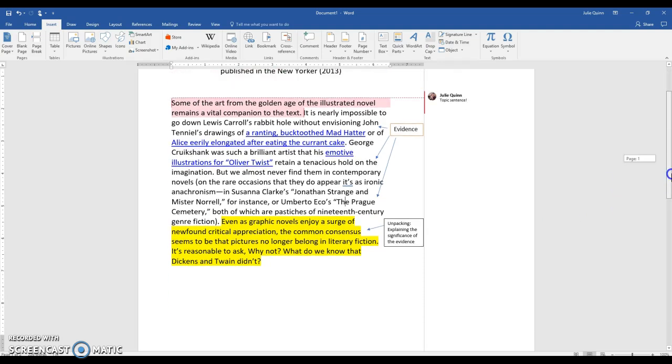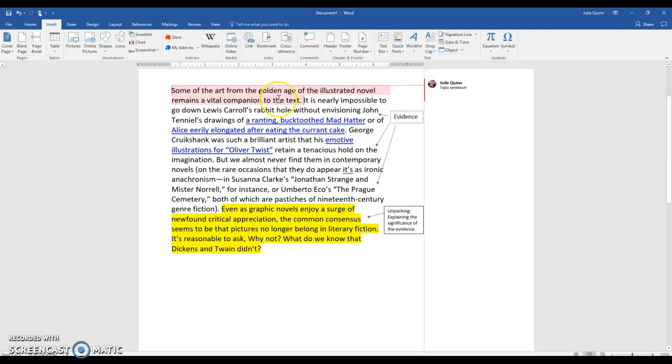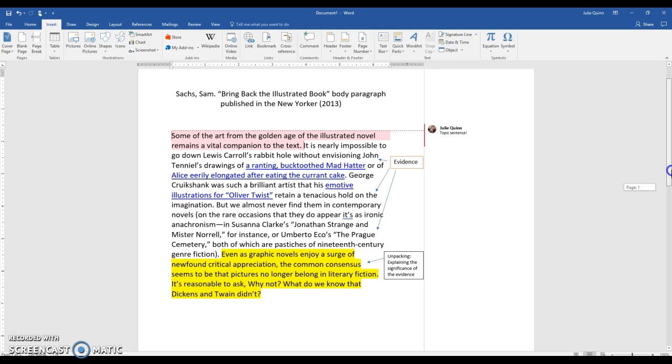And all of the types of paragraphs like this appear in your critical analysis essay in the body. Okay? So you make a particular point about the article that you're reviewing, provide evidence from it, explain why that evidence is significant. This right here, your body paragraphs are going to be worth the most.